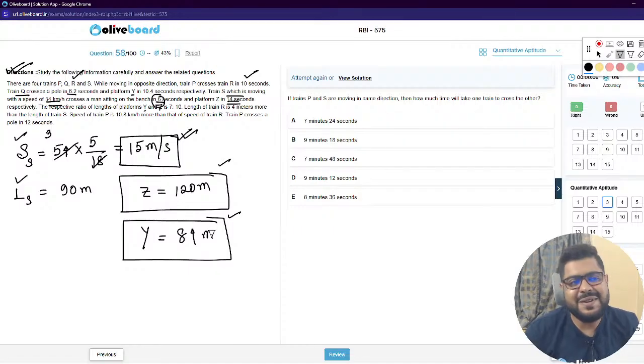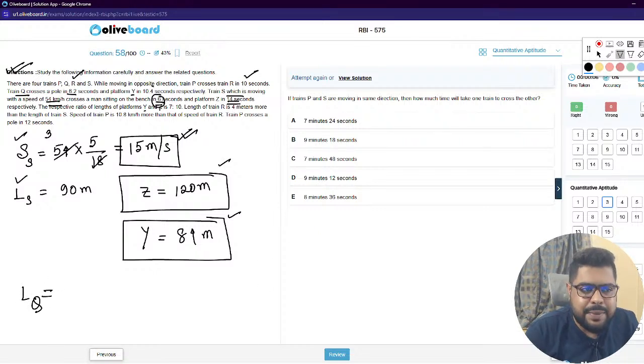Okay, sir. Now from here I will figure out both length as well as speed of train Q. So length of train Q. Now please understand 10.4 seconds and this 6.2 seconds.